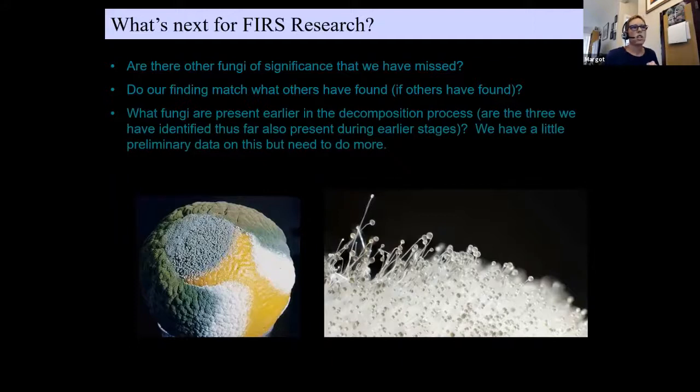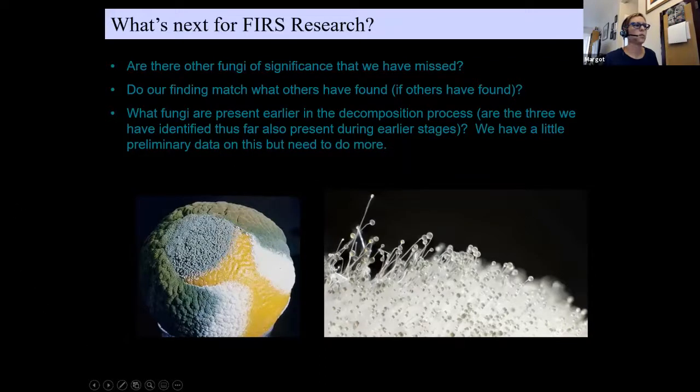Also, what fungi are present early in the decomposition process, which is something that more people have looked at? And are the three that we have identified part of those earlier stages, or do they just come in later? We have a little bit of preliminary data about what's present during the early stages, and that's why I've got these two pictures.